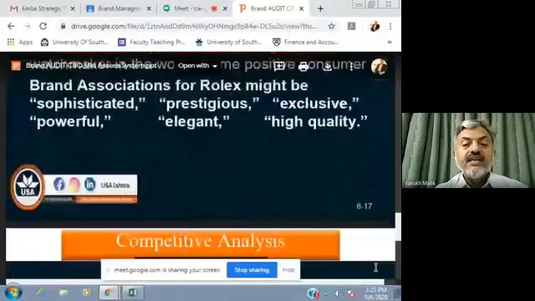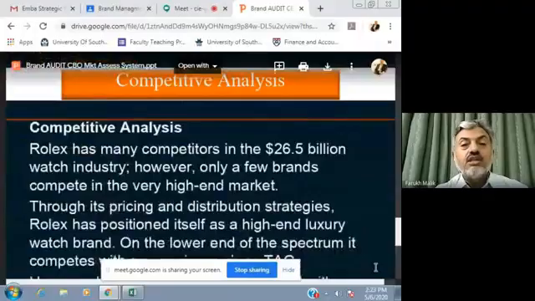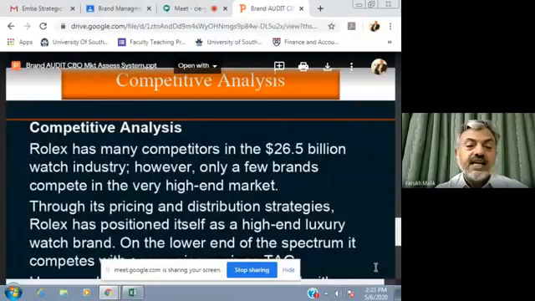Competitive analysis. How does the Rolex brand compete with all the competitors in the market? Rolex has many competitors in the $26.5 billion watch industry. Since it holds $8 billion of this $26.5 billion, you can well imagine that it is a market leader with a lion's share in the global market.